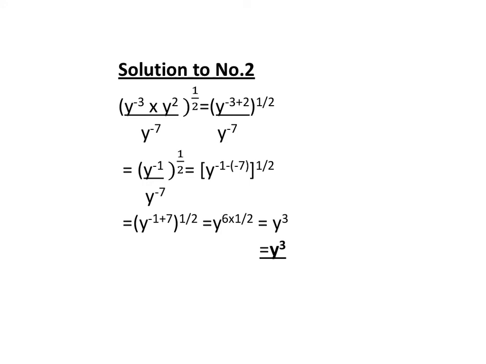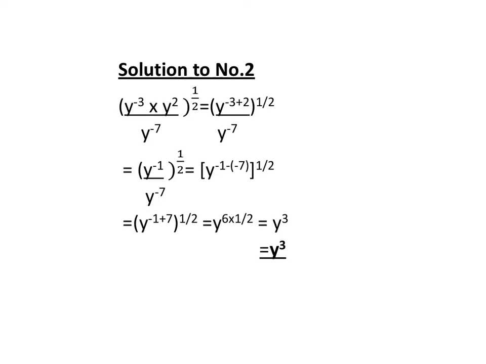Solution to question number 2. Y raised to power minus 3 times y raised to power 2, all in brackets, raised to power 1 over 2, divided by y raised to power minus 7. It is equal to y raised to power minus 3 plus 2, all in brackets, raised to power 1 over 2, divided by y raised to power minus 7. Minus 3 plus 2 is equal to minus 1.